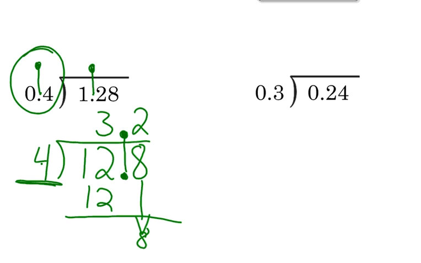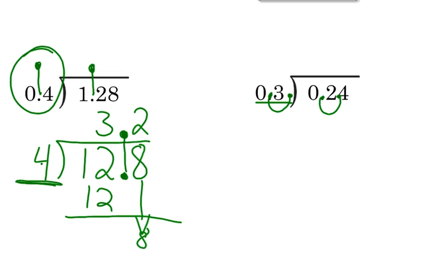Looking at our next problem, we see that we have, once again, a very similar situation. Decimal is in the divisor, and it can't be. So we need to move it. To move it over 1, that would be like multiplying by 10. After I multiply by 10 in the divisor, now I have to move it over 1 in the dividend.